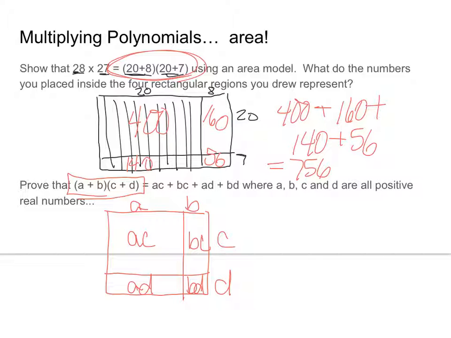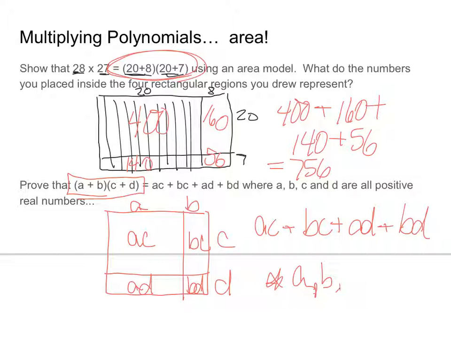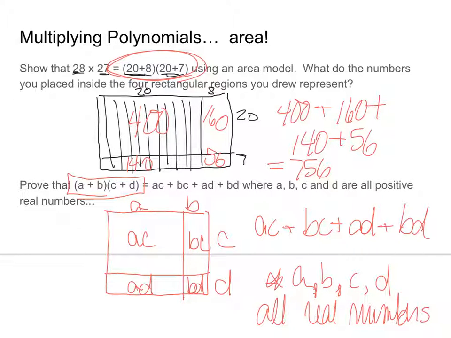Correct? So we could add all those together: AC, BC, AD, and BD. But we do need to remember that A, B, C, D are all real numbers. Okay, we're going to use this page as we move on through the lesson today.